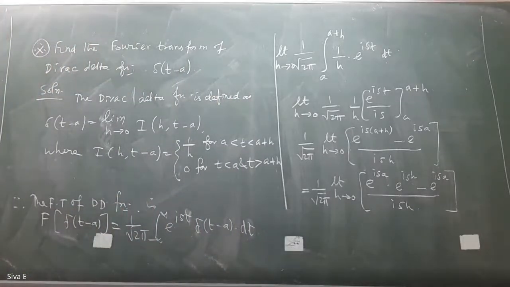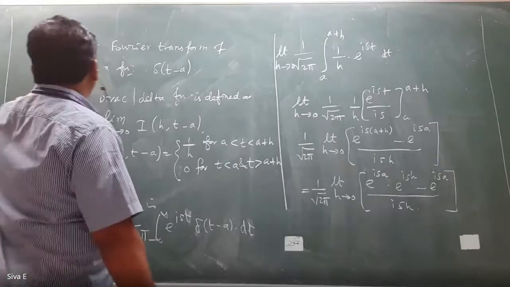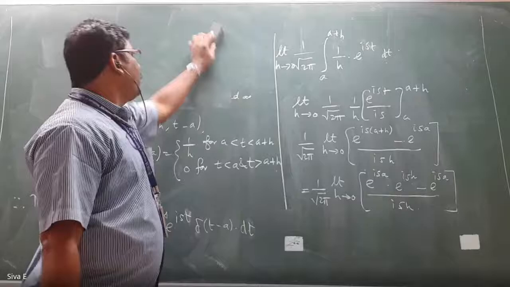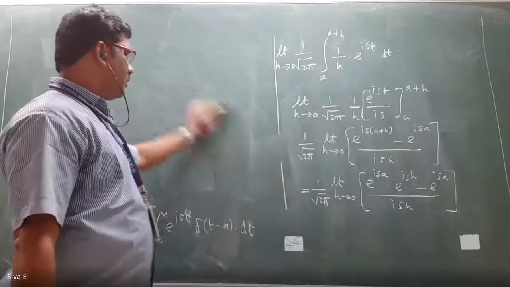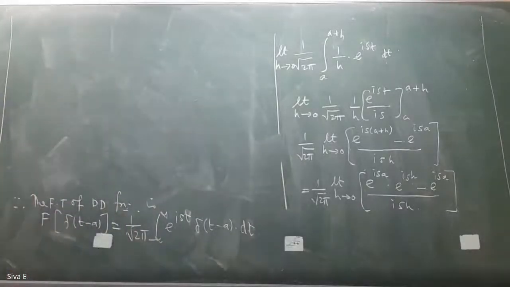What is the common term inside the bracket? E power isa. Take it outside. Then what you get?